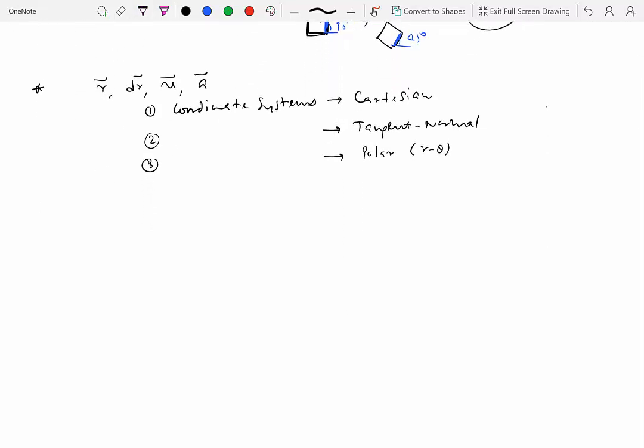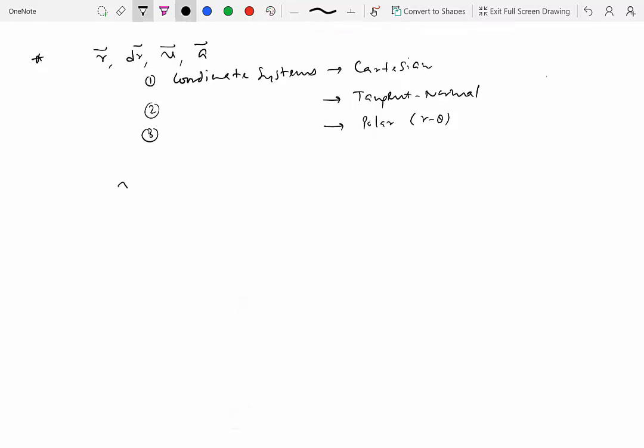We looked at the velocity expression and acceleration expression in each of those coordinate systems. We said velocity was equal to dr over dt, and acceleration was d2r over dt2, which is the same as dv over dt. If you know r as a function of time, and r could be given as components in a three-dimensional coordinate system, or two components, so this could be d over dt of x i hat plus y j hat, with the understanding that both x and y would be functions of time.